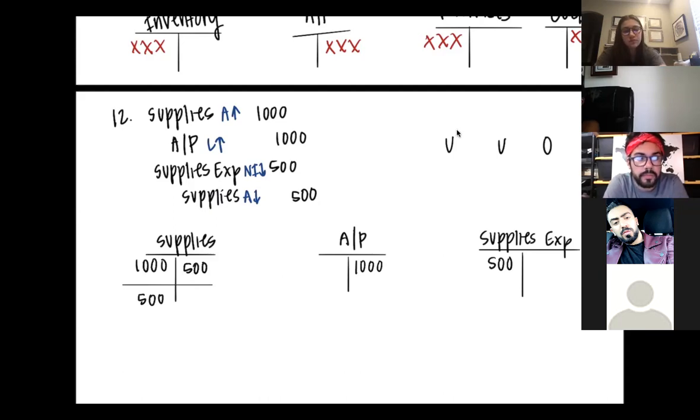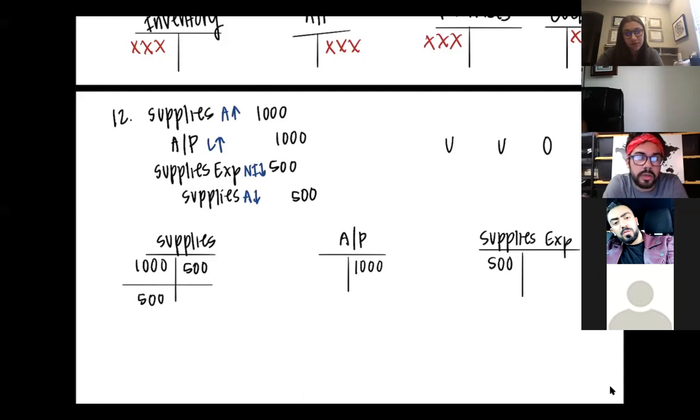Right? Ariana? I'm sorry, I was messaging something. She was asking if, say, the supplies are fully expensed, then assets will be no effect because we won't have the supplies anymore. Yes. However, we still have to consider the accounts payable and the supplies expense.